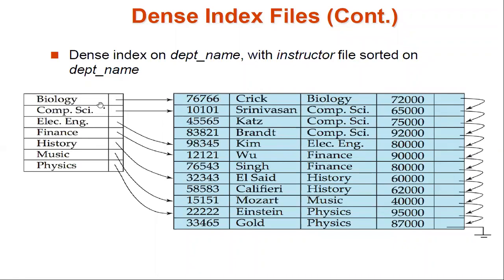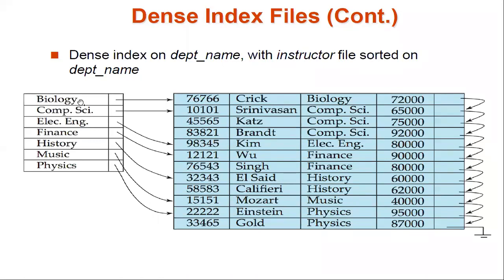Here the search key is your subject name. Able to understand? Instead of the order number or the registration number, we are using the subject name as the search key, and this subject name points to the corresponding record in the sequential file.